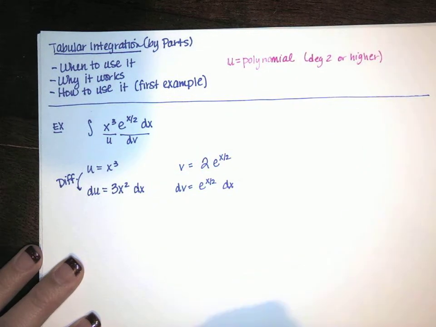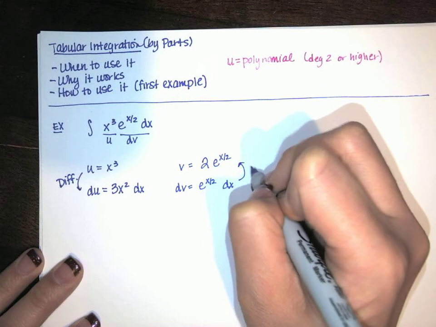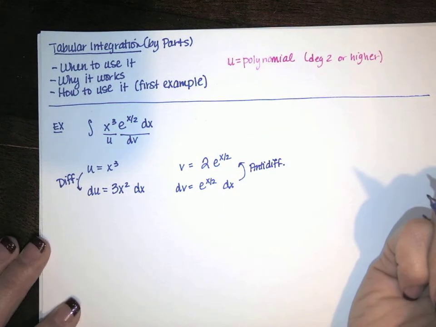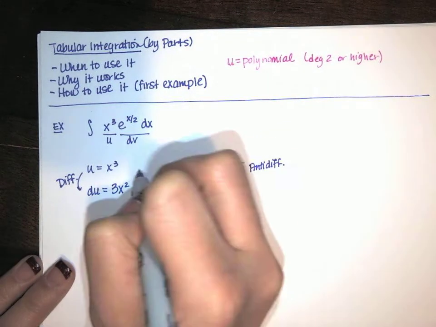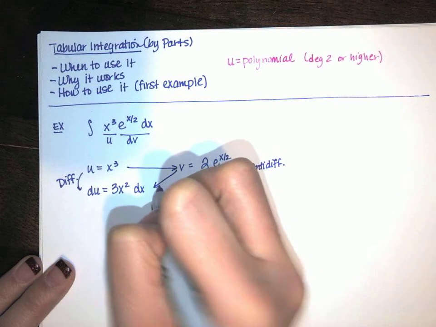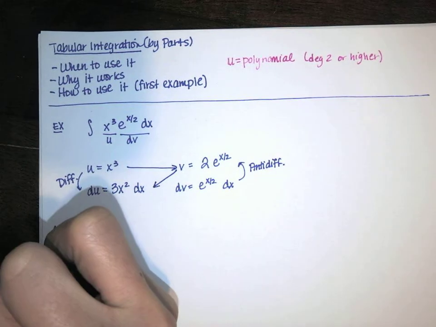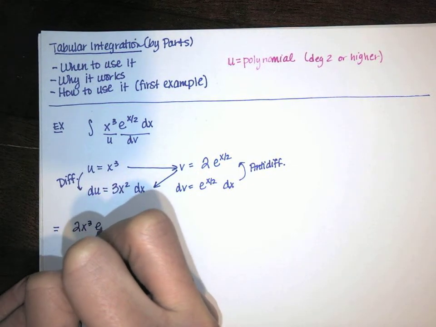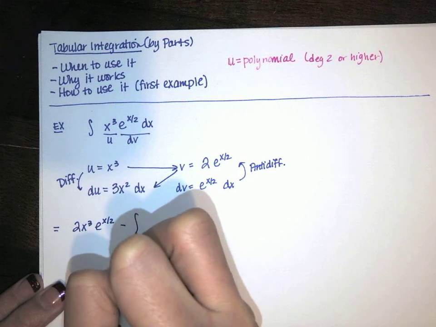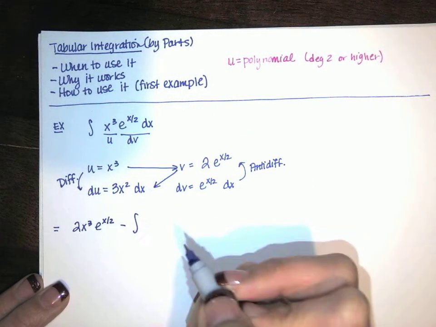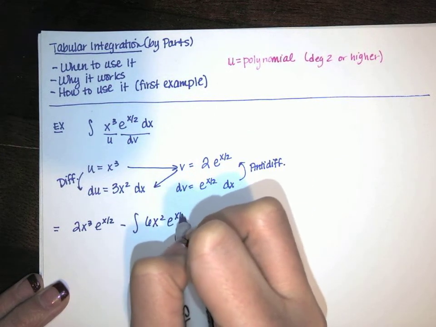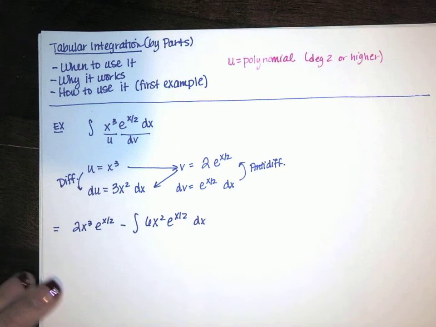It's the same as multiplying by 2. So you're anti-differentiating over here. According to our formula, we get u times v minus the integral of v du. So I've got 2 times x cubed e to the x over 2 minus the integral of v times du. 2 times 3 is 6, x squared e to the x over 2 dx.